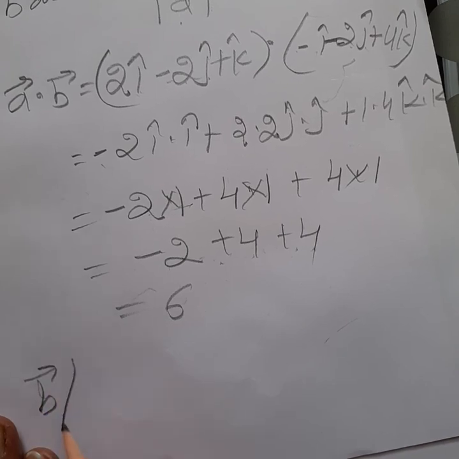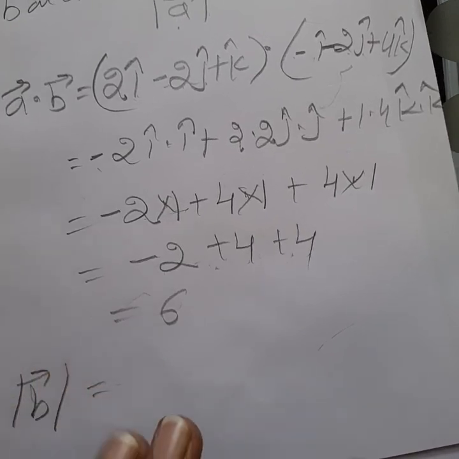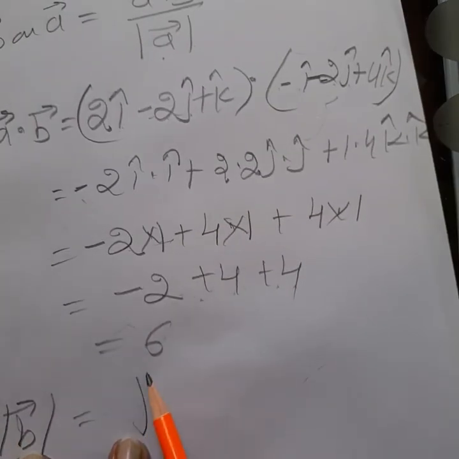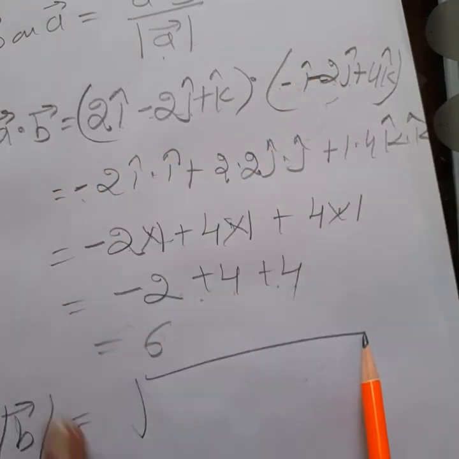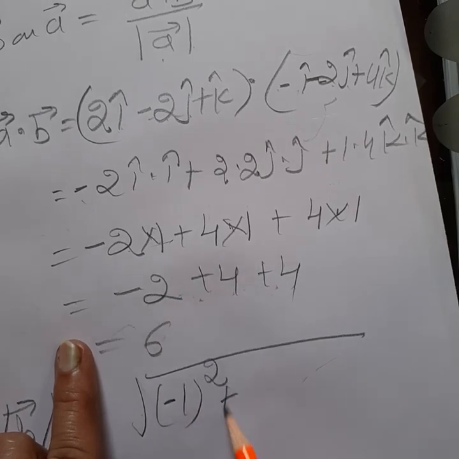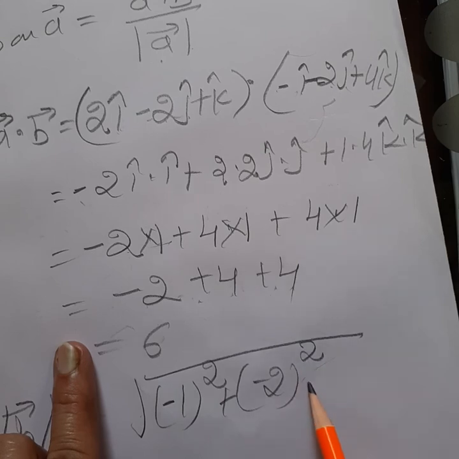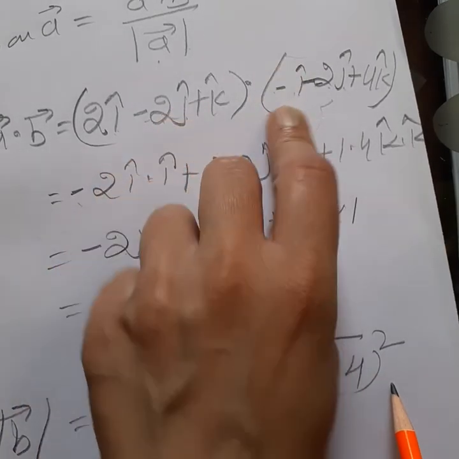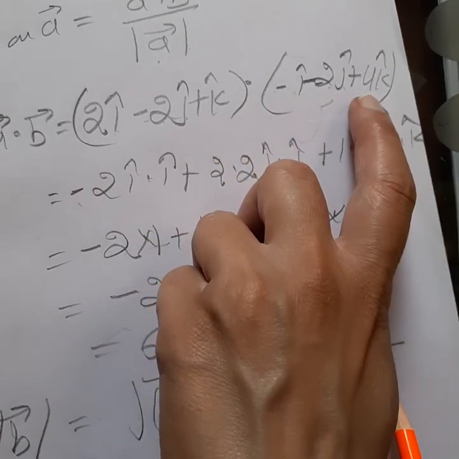Now we have to find the B vector mod. If we have to find the scalar projection of A on B, then we write here B vector mod. We write here the sign of the square root. And what is B vector here? We write here the components of i, that is minus 1. Component of j is minus 2, you can see, and component of k is 4. I repeat, component of i is minus 1, component of j is minus 2 and component of k is 4.